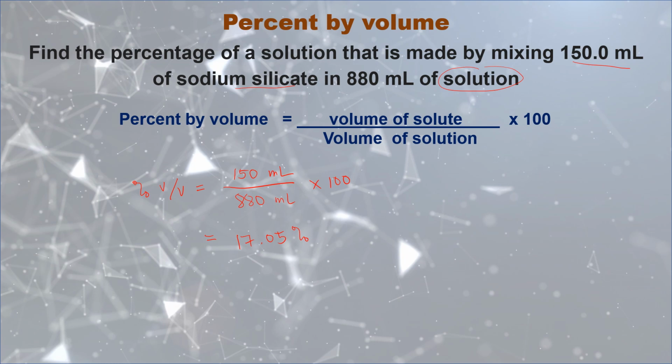Now take note, these percent by mass, volume, or mass volume problems are just so easy, but always remember to make the units the same. Okay, so especially in this percent by volume, if one is expressed in ml, then the other unit must also be in milliliters. If that is in liters, then the other unit must also be in liters.